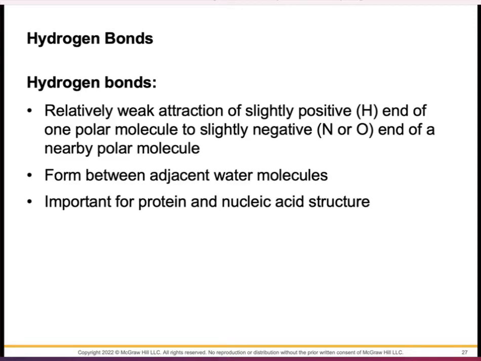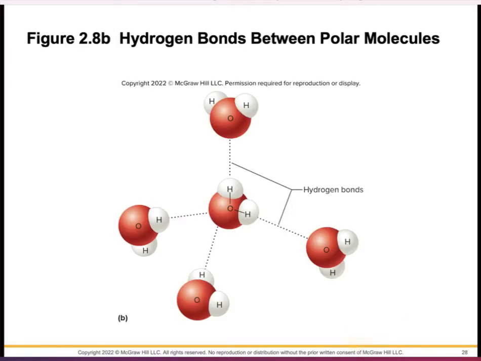So the most common example of hydrogen bonding in the natural world occurs between molecules of water. It is known as a relatively weak attraction, but it is very important within our body. Hydrogen bonding occurs because the weakly negative oxygen atom in one water molecule is attracted to a weakly positive hydrogen atom in two other water molecules.